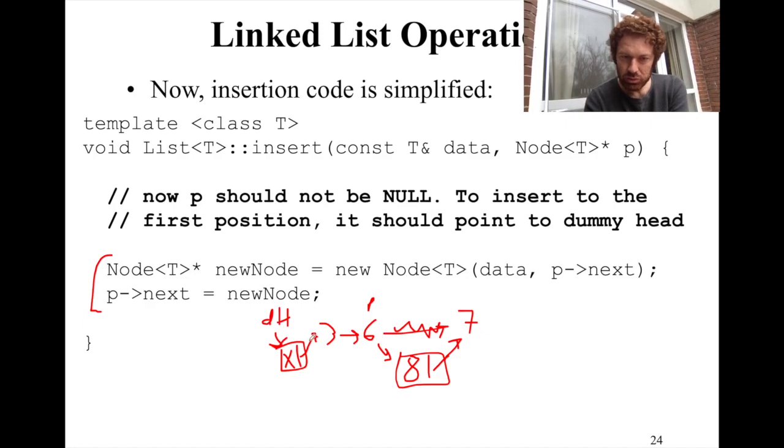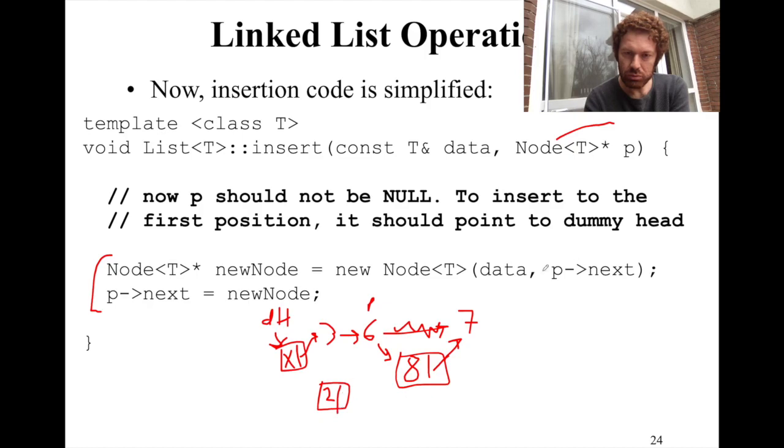The difference is in the insertion as the first item. So let's try to insert 2 as the first node. I will do the same thing, but I will now send here the dummy head, which is never null, so there is no segmentation fault danger here. So what happens? Create the new node with value 2, and P is dummy head. So dummy head dot next is 3, which is the first element.